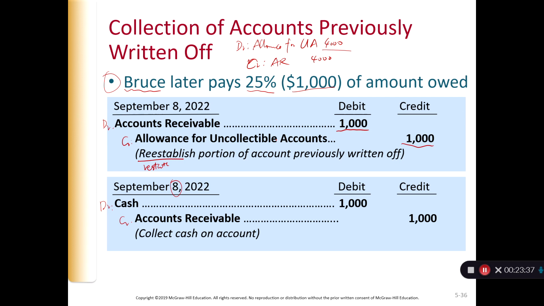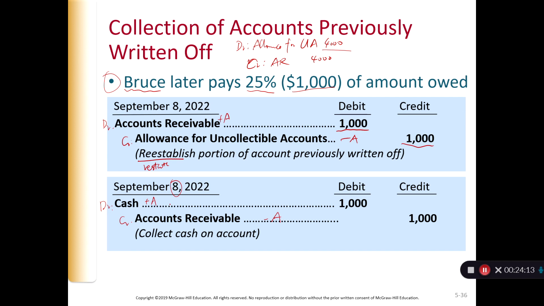Okay, so notice that with both entries, the debit entries increase total assets. Debit accounts receivable, debit cash, increased total assets by the same amount. And the credit side, both decrease assets by the same amount. So allowance for uncollectible accounts is the contra asset, so it's decreasing assets for 1,000. At the same time, it's decreasing accounts receivable for another 1,000.